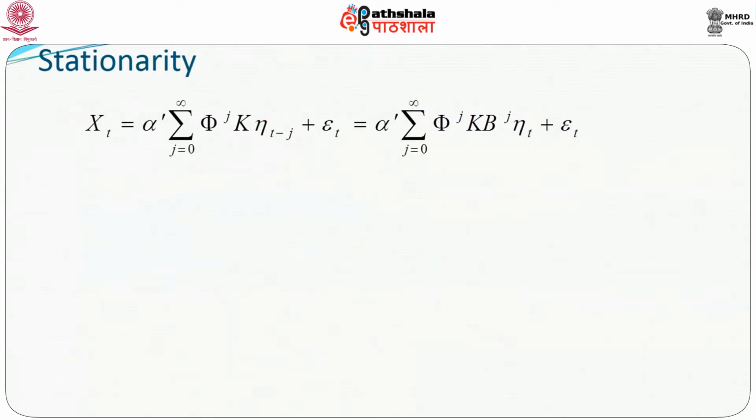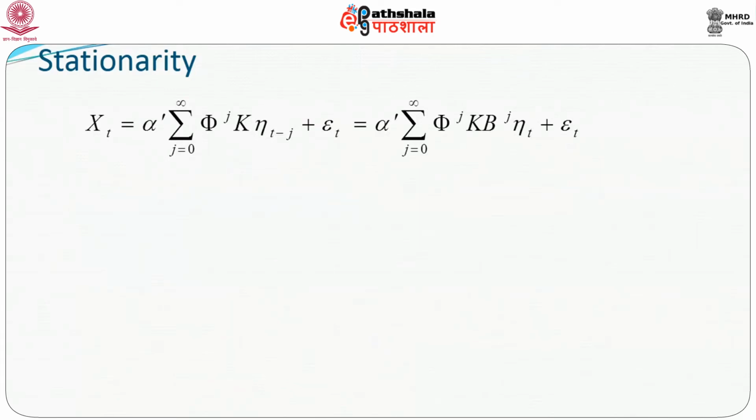Now, if you look at x_t, that is the first equation, and if we substitute the w_t from the state equation in this, and remember that w_t depends on w_{t-1}, which again depends on w_{t-2}, etc. If we keep on substituting this, what we ultimately land up with is x_t = alpha' summation j = 0 to infinity Phi^j K eta_{t-j} + epsilon_t.